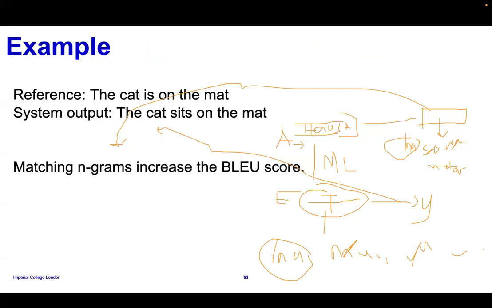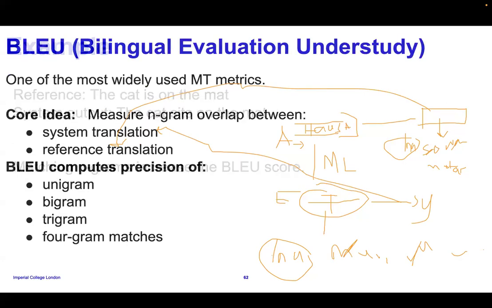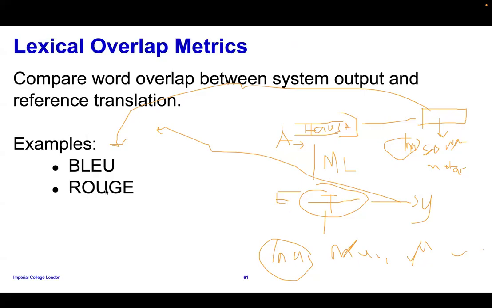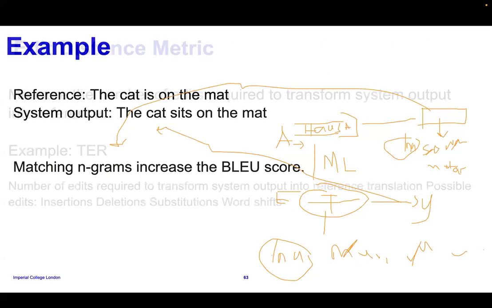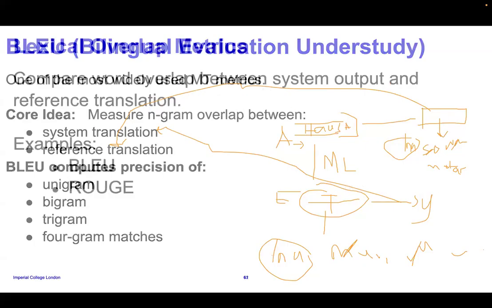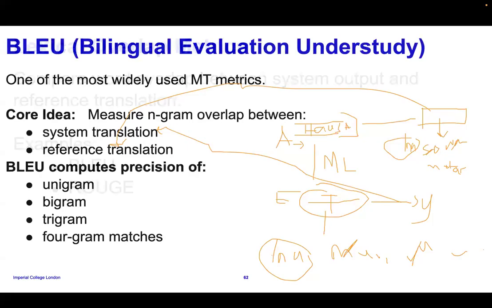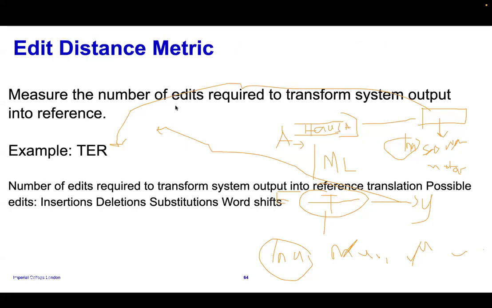Okay, this is the example I gave. Now we have edit distance. Edit distance measures the number of edits required to transform system output into reference.